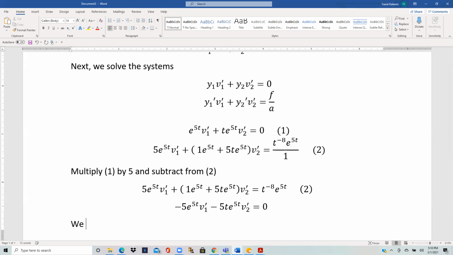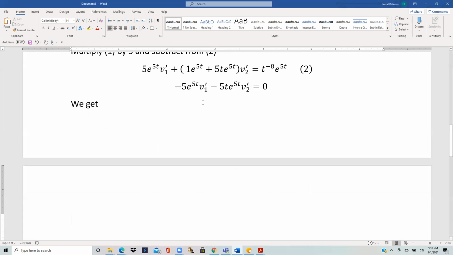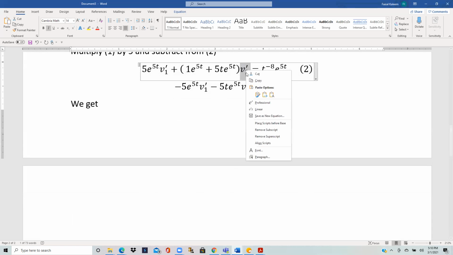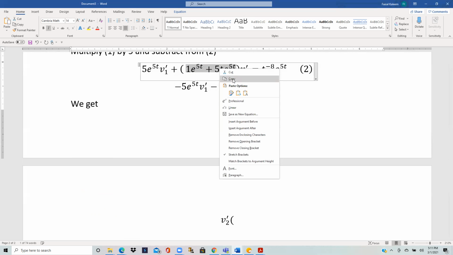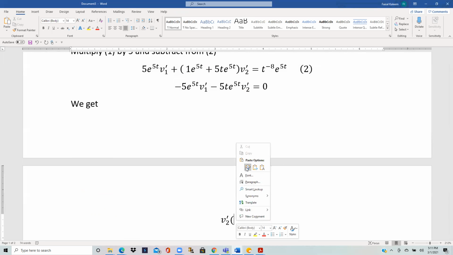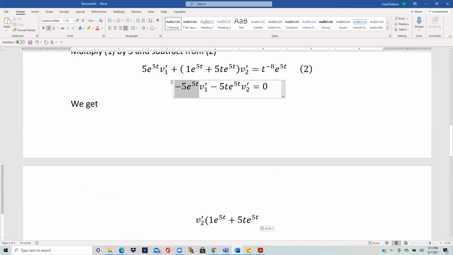We get, okay, so 5e^5t v1 prime minus 5e^5t v1 prime, that's gone. So with the v2 prime, you will have this part minus this part.